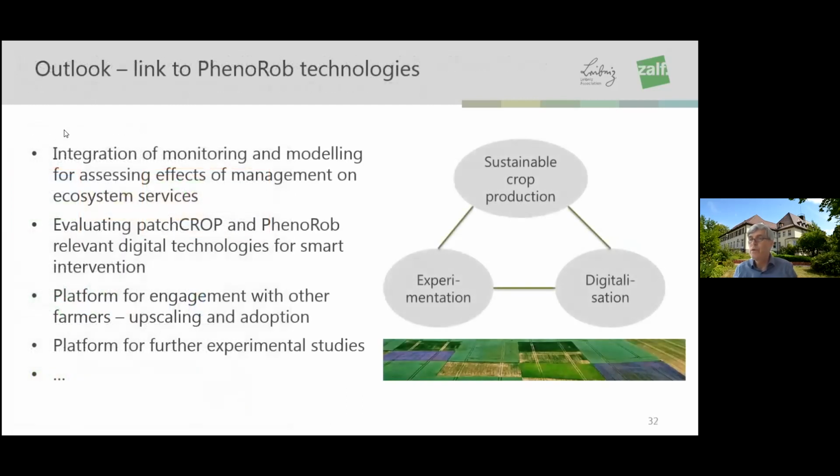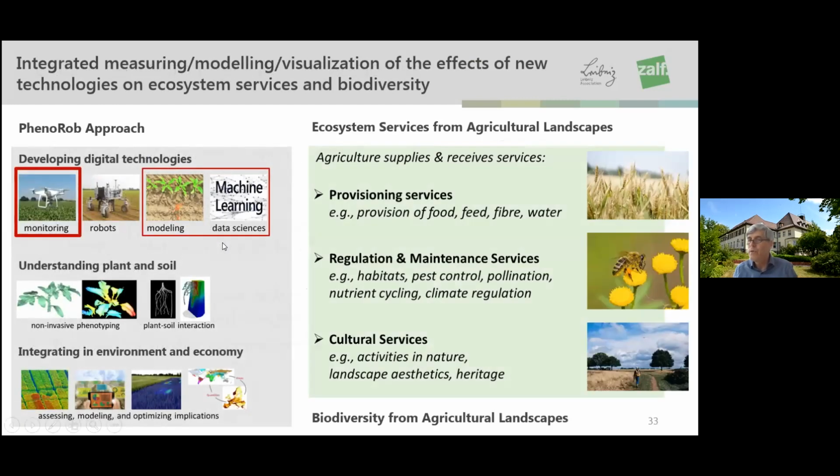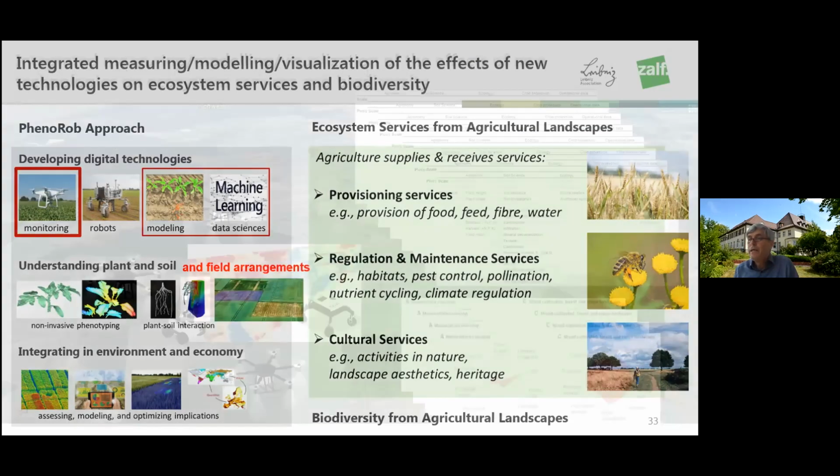So as for this first point, integration of monitoring modeling, we think that really through this bridge here with the new field arrangement, we have an angle, we have a link to be able eventually to provide some at least demonstration cases of how we would be able to assess implications on ecosystem services biodiversity.